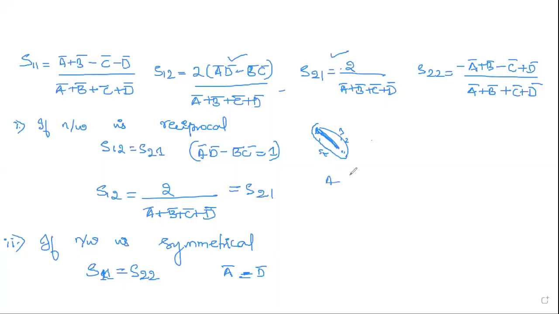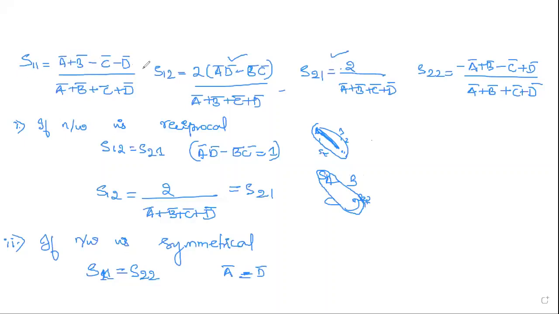If you consider the ABCD parameters A, B and C, D, this should be S11 and this will be S22. If the symmetric property comes into effect, both A bar and D bar should be equal, so you make A bar equal to D bar. In S11, instead of D bar you substitute A bar.